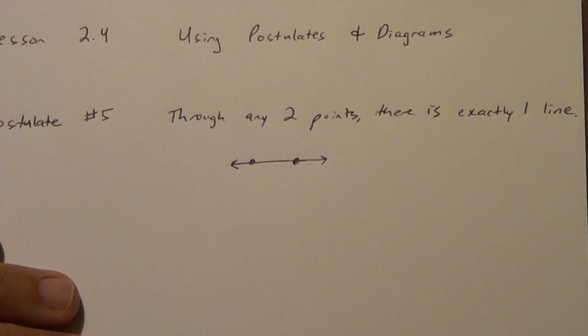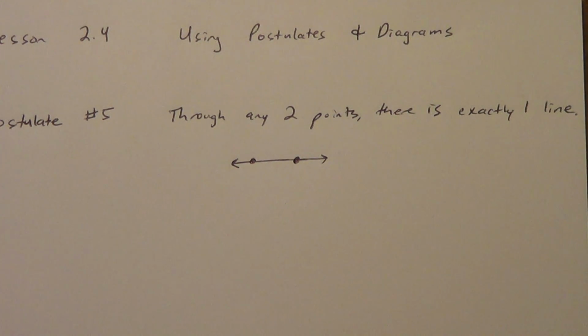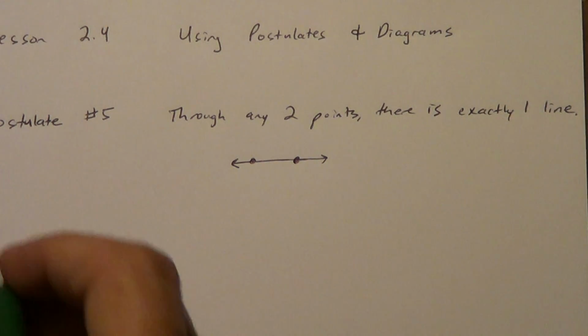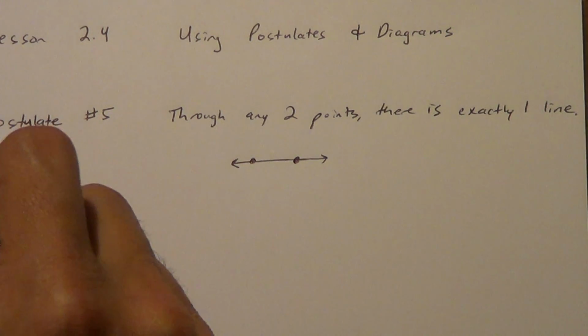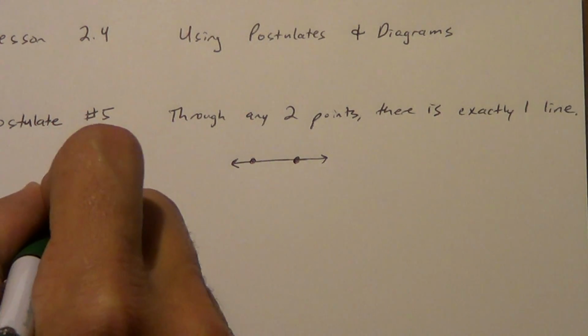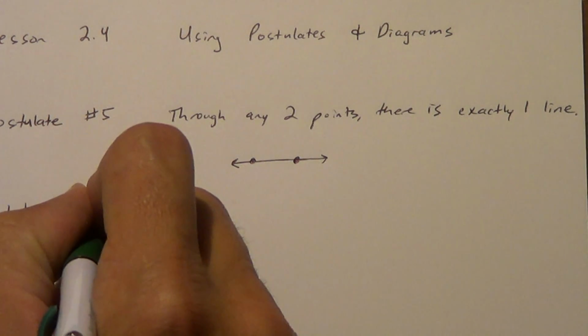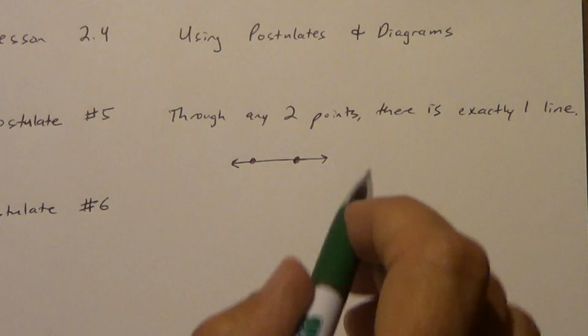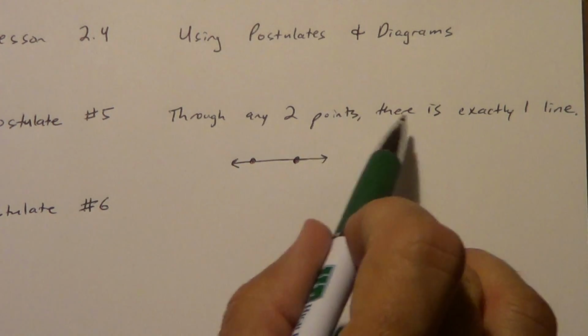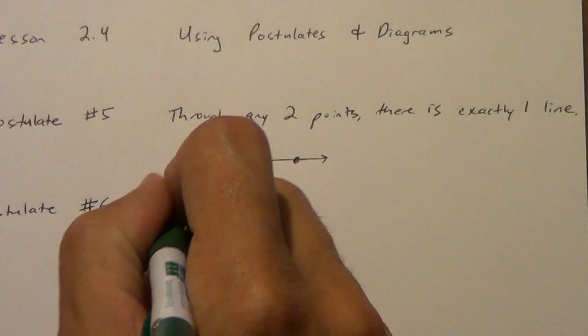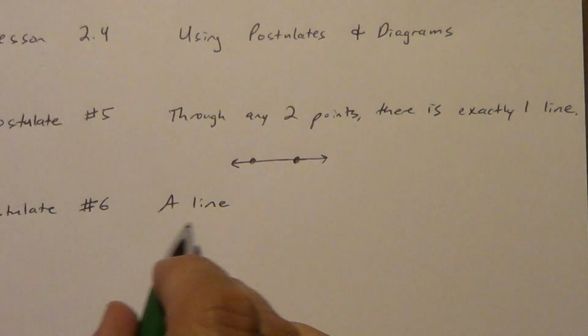That's pretty simple. Nothing complicated with postulate number 5. Postulate 6 is kind of like that same one, but a little bit backwards. We actually just learned about backwards things. Remember when we did converses, they were kind of like backwards. So instead of saying I'm going to start with 2 points and I know there's a line, this one says I'm going to start with the line.